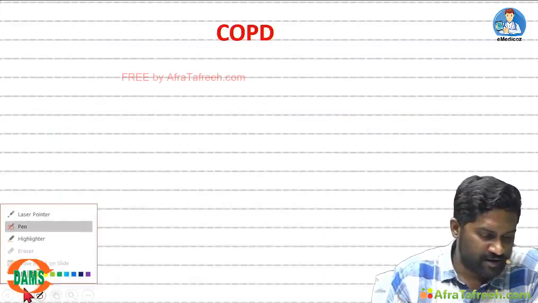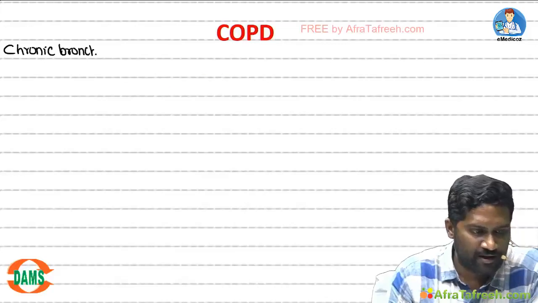COPD generally has two subtypes. The subtypes are chronic bronchitis and emphysema.